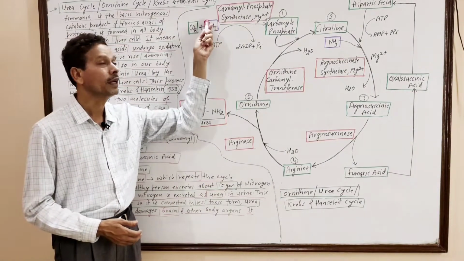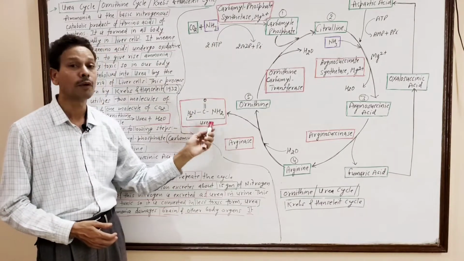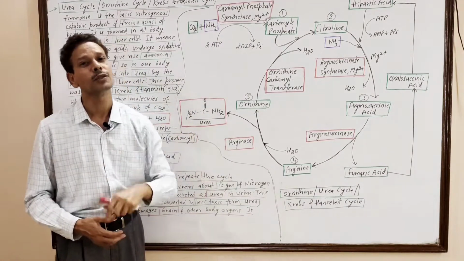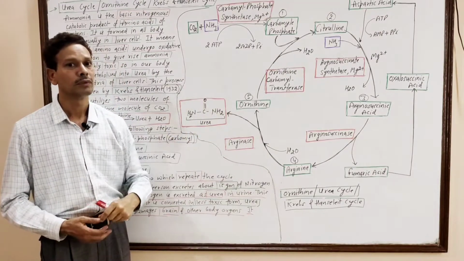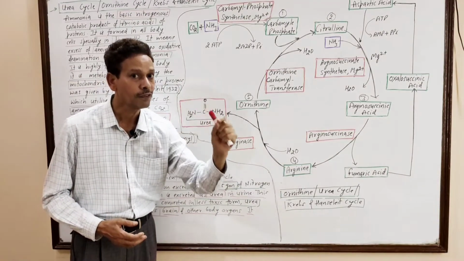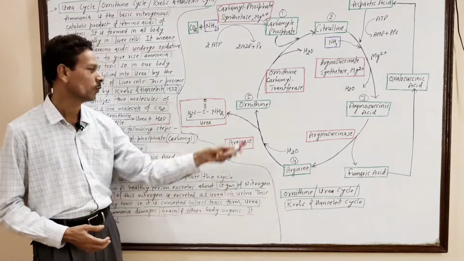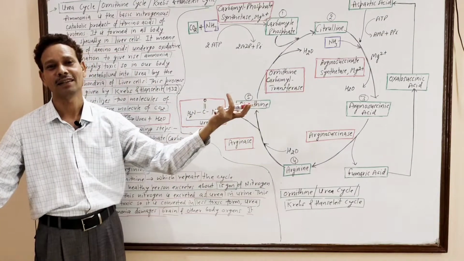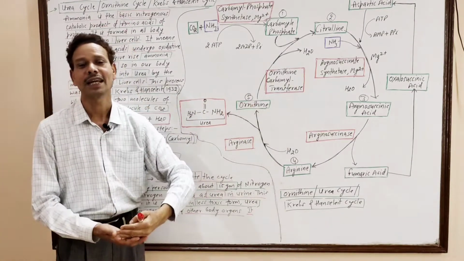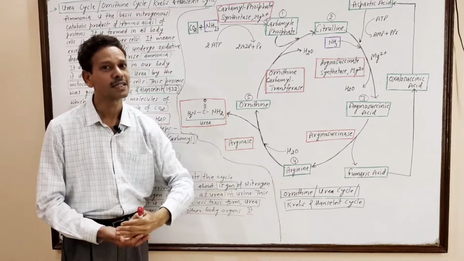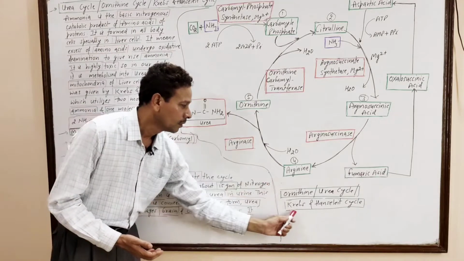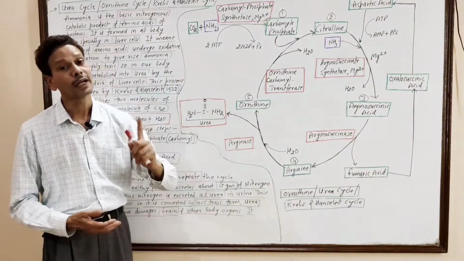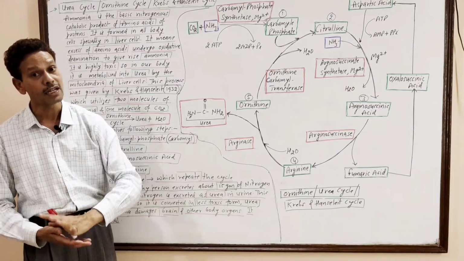So it is converted into less toxic form urea. We can retain this urea for some time, and we remove urea as a chief excretory product. So we are ureotelic. This is all about urea cycle, ornithine cycle, that was described by Krebs and Hanseleit. So it is named Krebs and Hanseleit cycle.